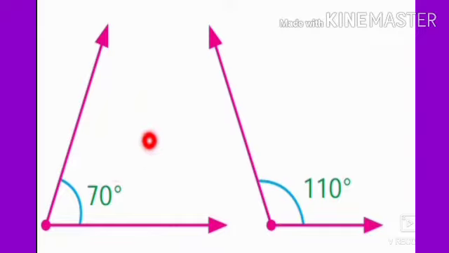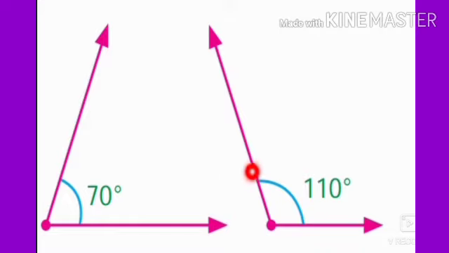And here, two angles 70 degree and 110 degree are called supplementary angles because their sum is equal to 180 degree. 70 degree plus 110 degree is equal to 180 degree.